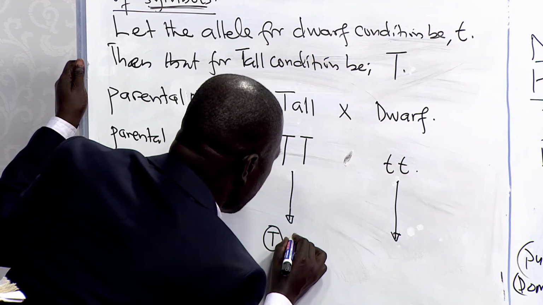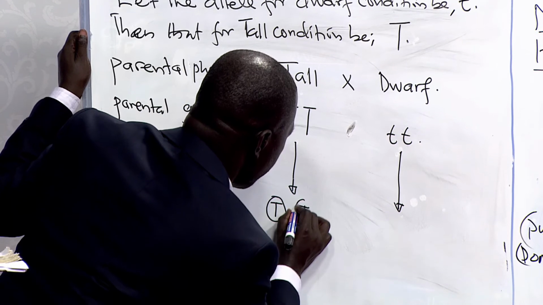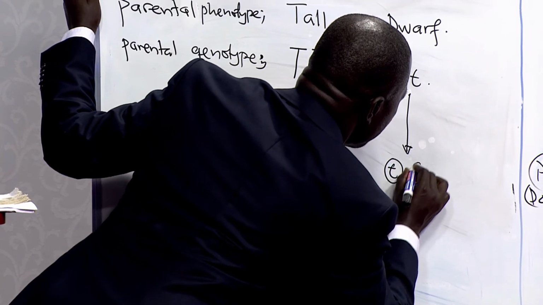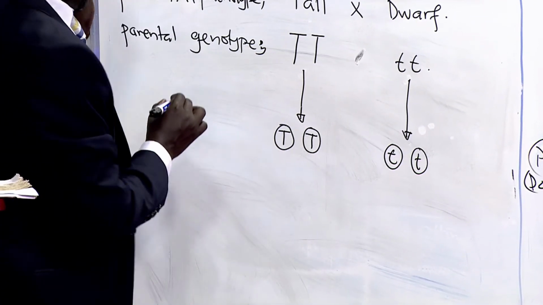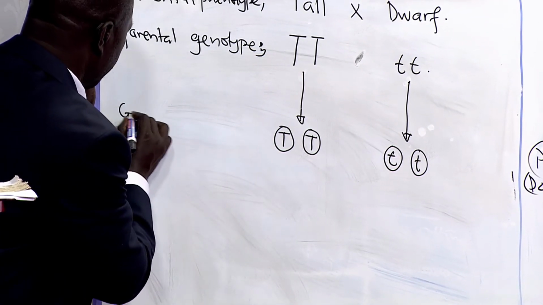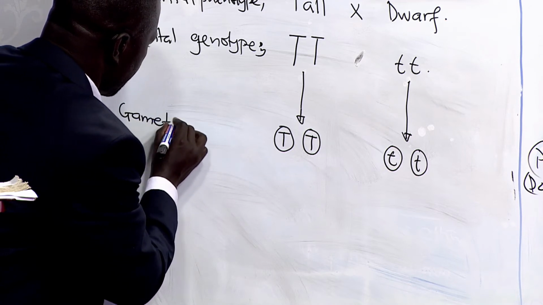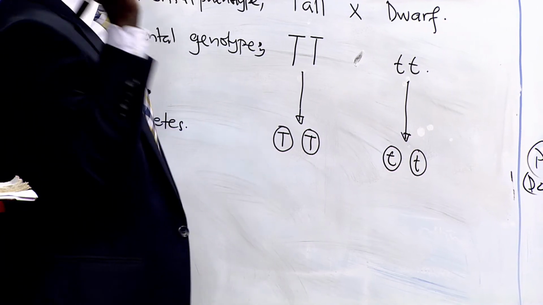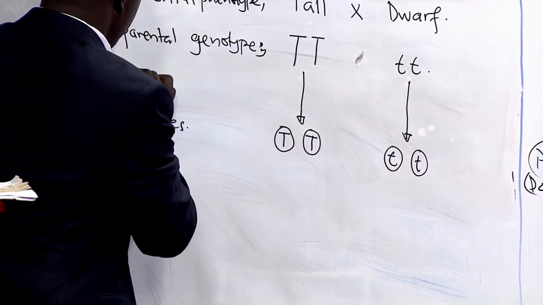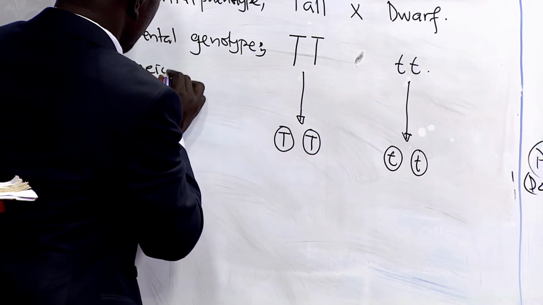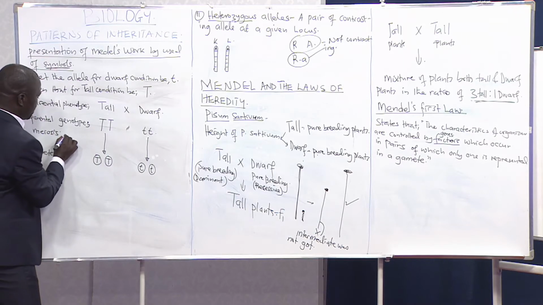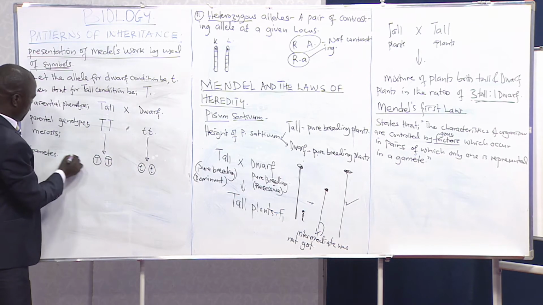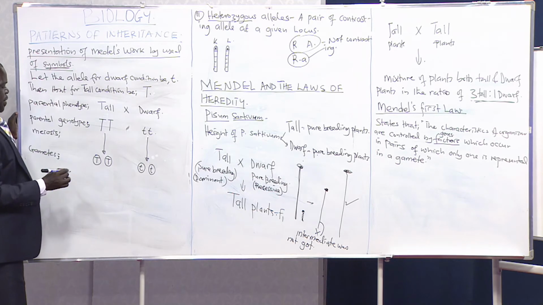Gametes are separated now, so we have gametes here and gametes there. But the process that leads to the formation of gametes, we have already looked at earlier in cell division as being meiosis. So this process, this arrow here, is meiosis, which leads to the formation of gametes.